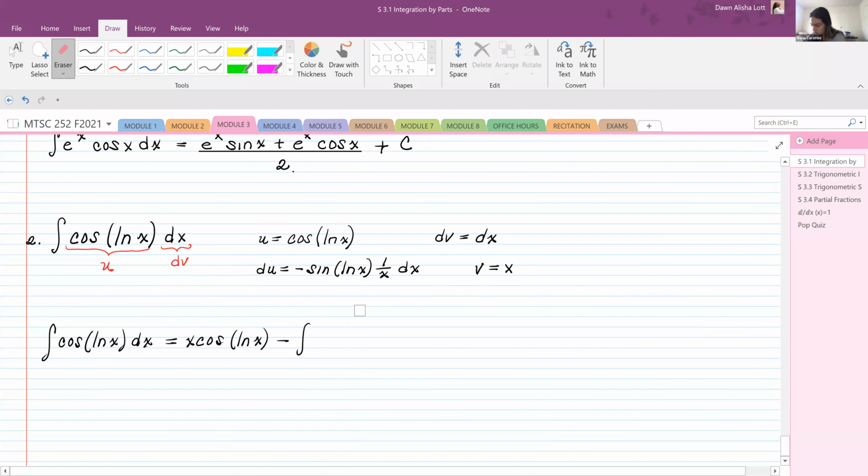The integral of x times negative sine of ln x times 1 over x dx. Yes. Okay. We're rocking.